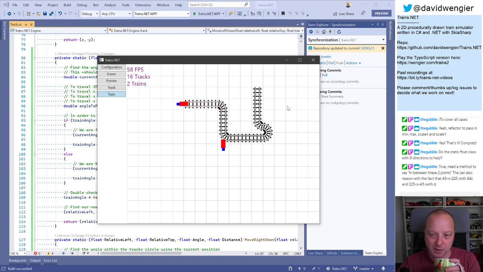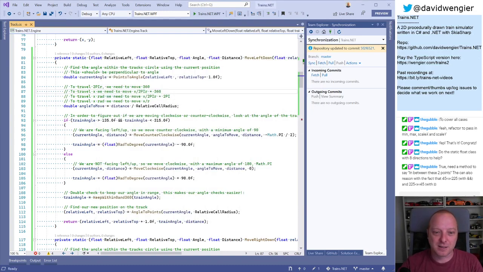So I haven't broken anything. Need a method to say in between these 2 points that can also reason about the fact that 45 less than x. Yes, it can reason about that going both ways, and also reason about minus 270 to 0. But if your angle is, whatever. I think that's what I need.